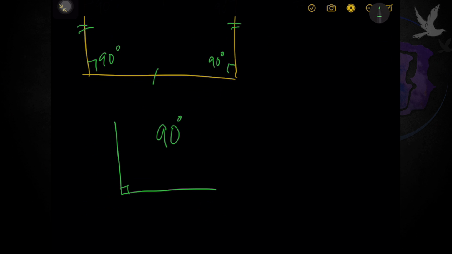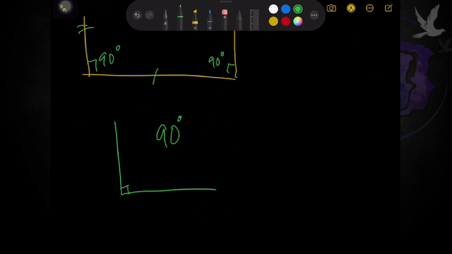And you will be asked to solve for the missing value. Again, ano nga bang ibig kong sabihin? What am I trying to tell you? For example, ito nga, we now know that this is 90 degrees. The entire thing, the right angle measures 90 degrees.